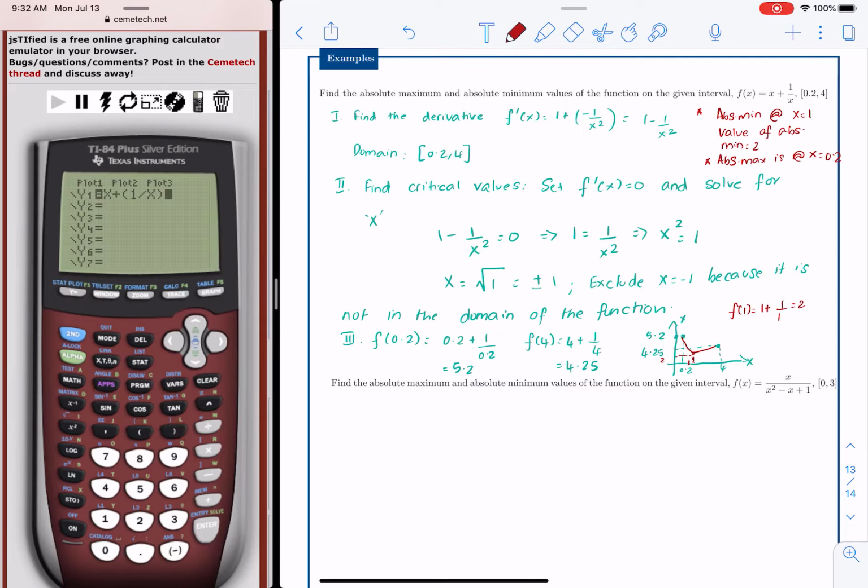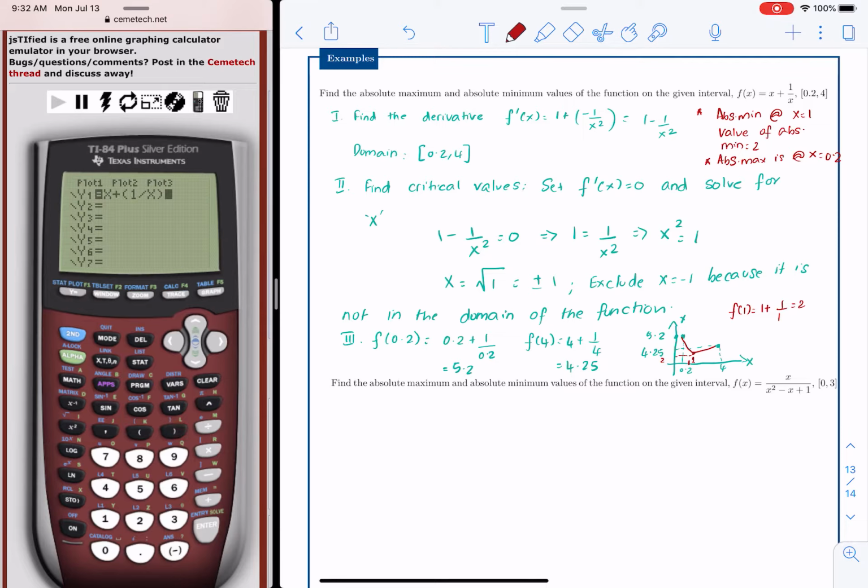So here we have another function. The domain here is 0 to pi over 2. And we have f of u equal to 2 cosine u plus sine 2u.